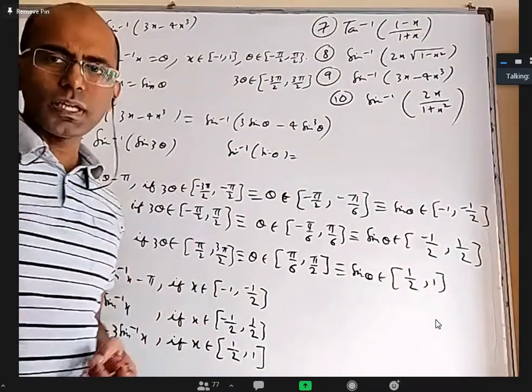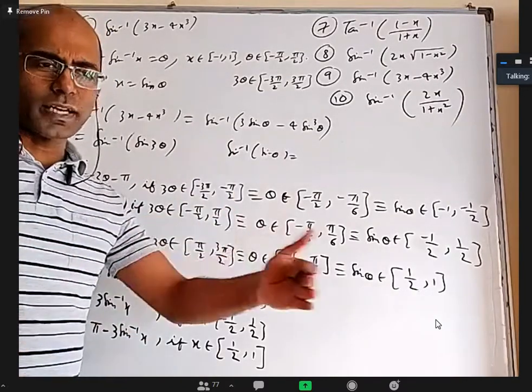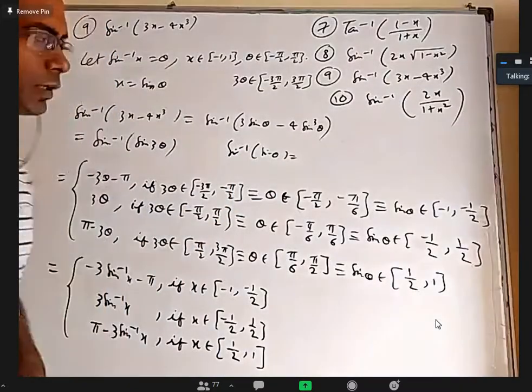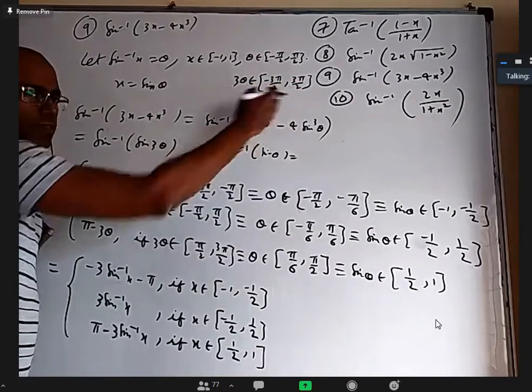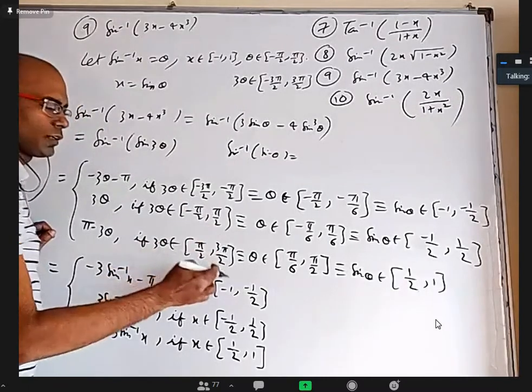When x is more than 90 up to 270, it is pi minus x. And when x is minus 90 backwards up to minus 270, it is minus x minus pi. Based on those formulas, for minus 270 to 270, I made three parts: minus 270 to minus 90, minus 90 to 90, and 90 to 270.